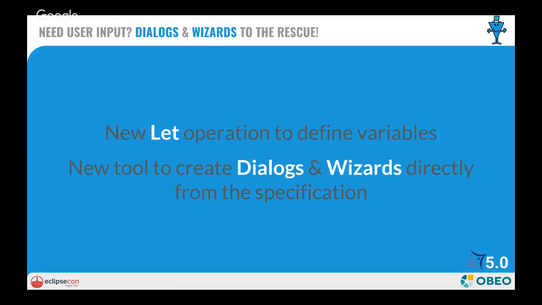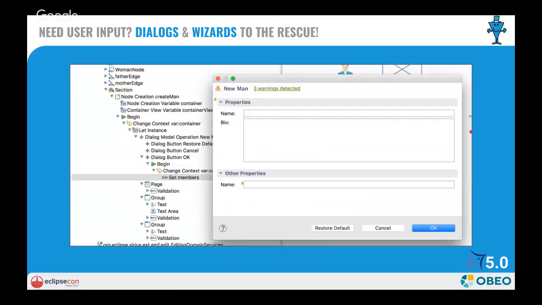When you need some inputs from your user, now it is possible for you to create dialogues and wizards directly in Sirius, reusing the same specification elements as the ones used by the properties view description. Now, in a create element tool, you can open a dialog to let the user enter the default values of the properties of the element to create, instead of creating an empty element which the user will have to edit later.